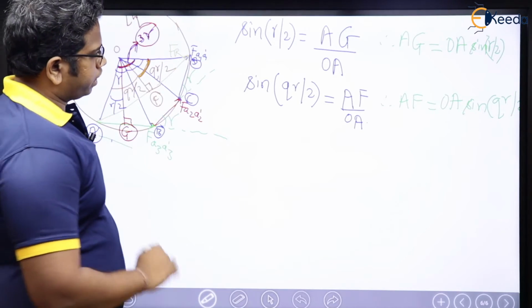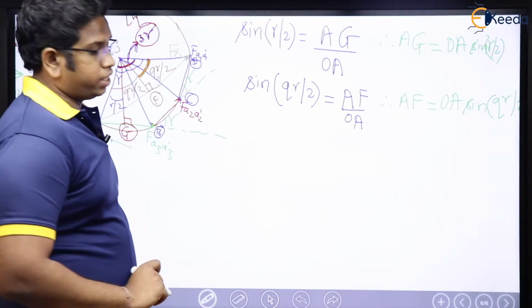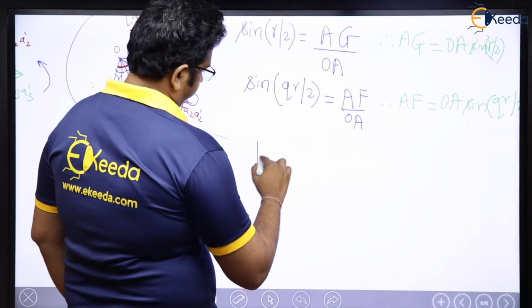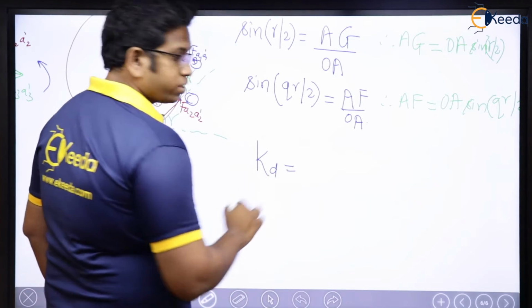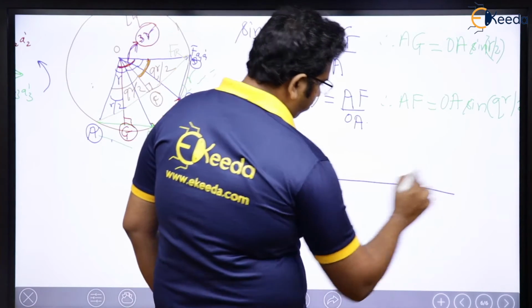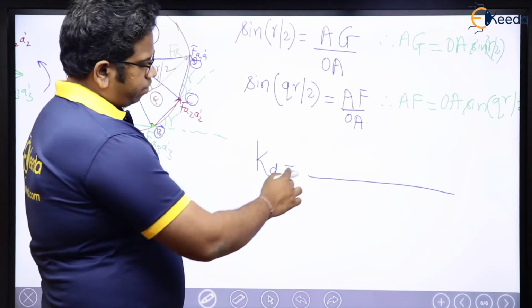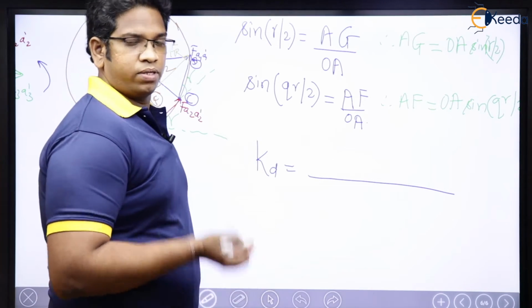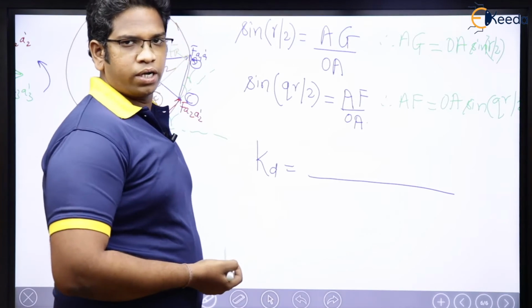Don't worry much. See here. Now, what I am saying here, what is KD? KD is going to be the net MMF produced because of distribution divided by the net MMF. This time it is going to be MMF because it is a motor.